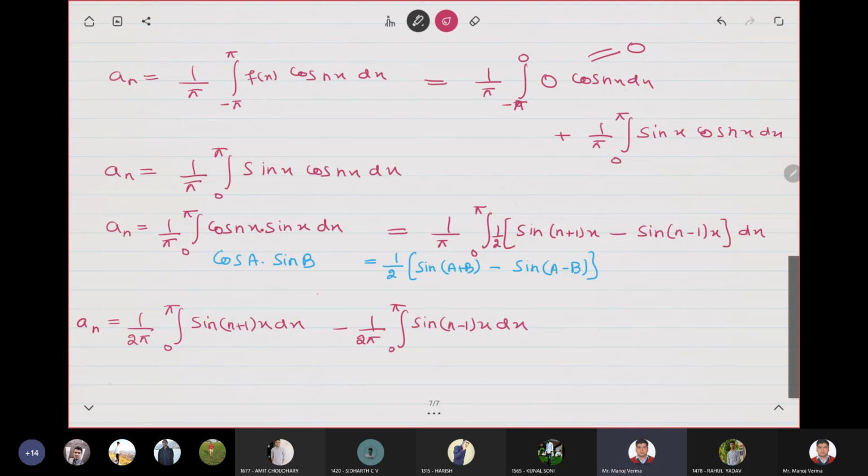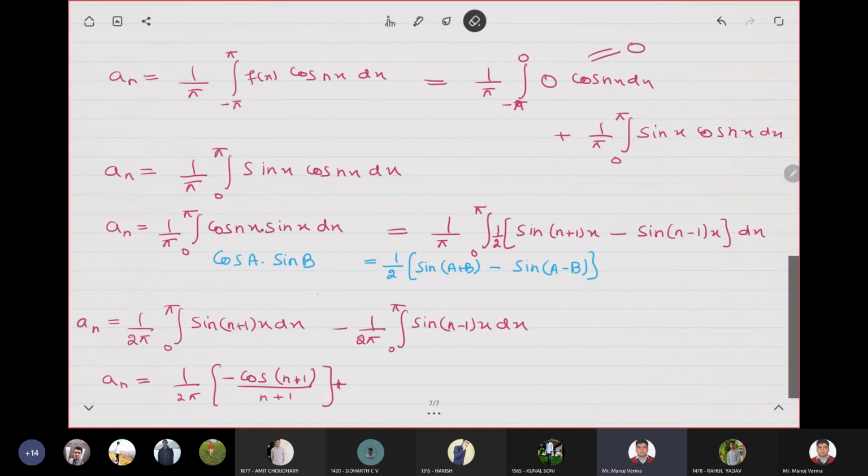Now we will integrate these sine functions, 1 over 2 pi, 0 to pi. Okay, now if I am integrating this, it will become minus cos (n plus 1) divided by n plus 1 plus, okay, इतना छोड़ देते हैं अभी के लिए.